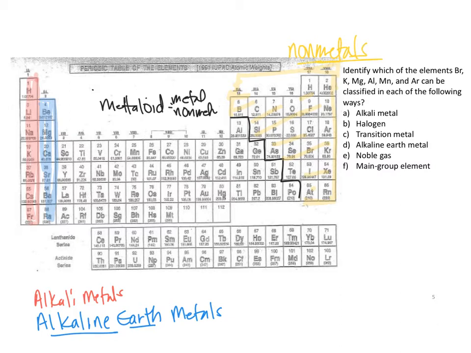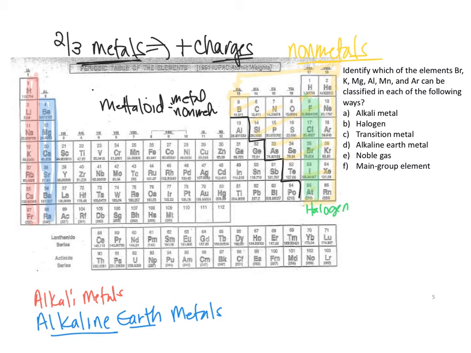Two-thirds of the periodic table are metals. And when we start learning these things, metals always form positive charges. They don't form negative charges. And you'll be writing them first whenever you're writing chemical symbols. Okay, so we have alkali metal, halogens. These are your halogens. And hydrogen is not included. Okay, so these are your halogens.